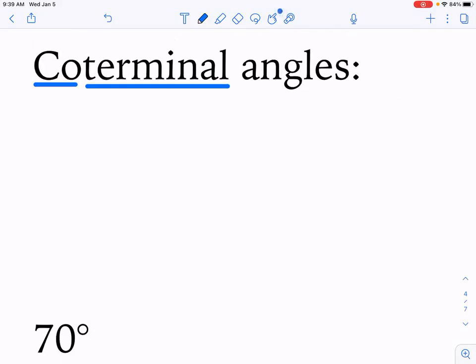I don't know if I can explain it. I just know what it is. What are they? Two angles are coterminal when they have the same initial sides.